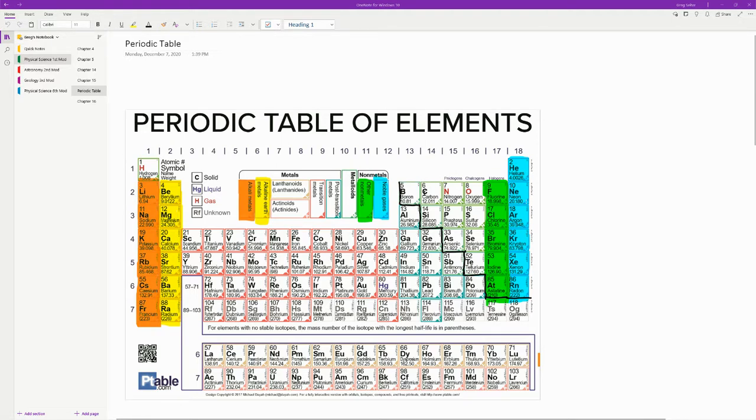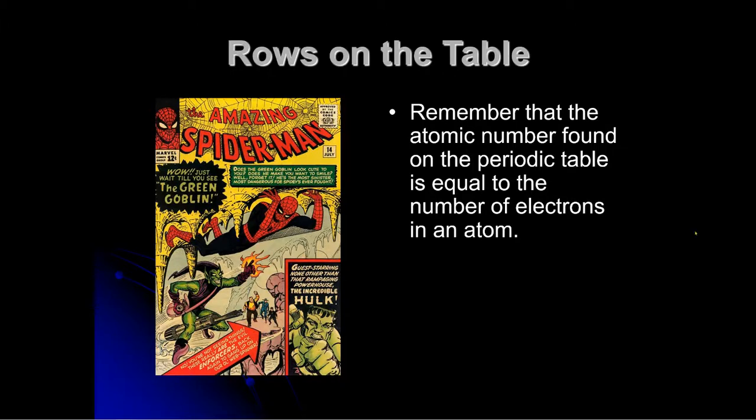There are 6 protons and 6 electrons. Nitrogen has 7 protons, 7 electrons. Fluorine, 9 electrons, 9 protons. So remember that the atomic number found on the periodic table is equal to the number of electrons in an atom.